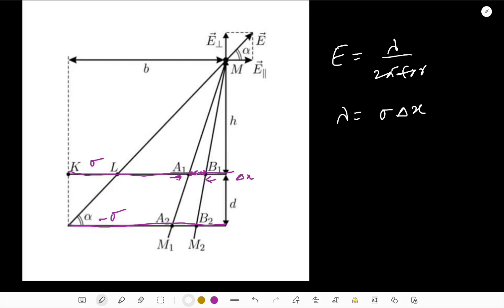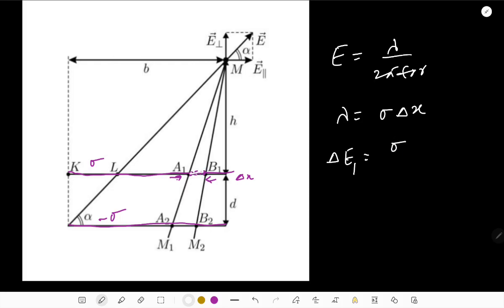And then the electric field due to this narrow strip will be something like dE or delta E1, and this can be written as sigma delta x.